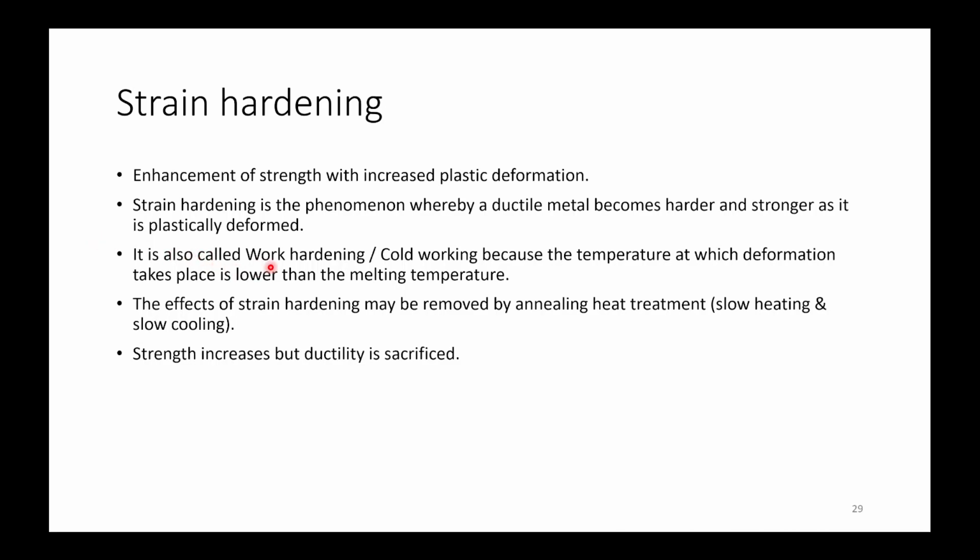It is also called work hardening or cold working because the temperature at which deformation takes place is lower than the melting temperature. The effects of strain hardening may be removed by annealing heat treatment, which is slow heating and slow cooling. Strength increases but ductility is sacrificed in this method.